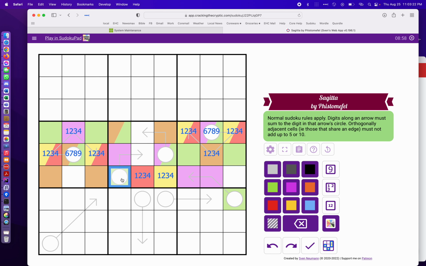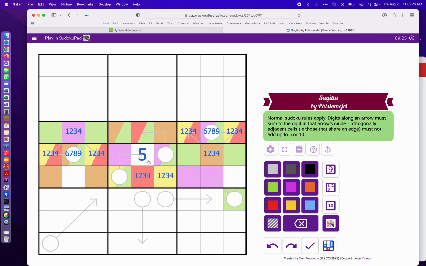So this is either a high red or high yellow. It can't be high red because it's next to the red, so this is the high yellow. Now we have the high red and the 5 to place. So this one actually has to be a 5, and we get our first number. So this is the high red.